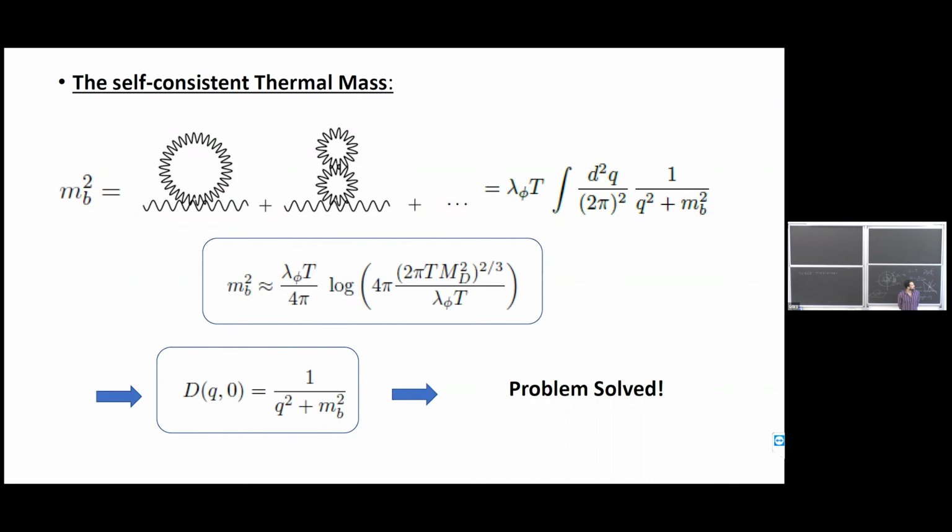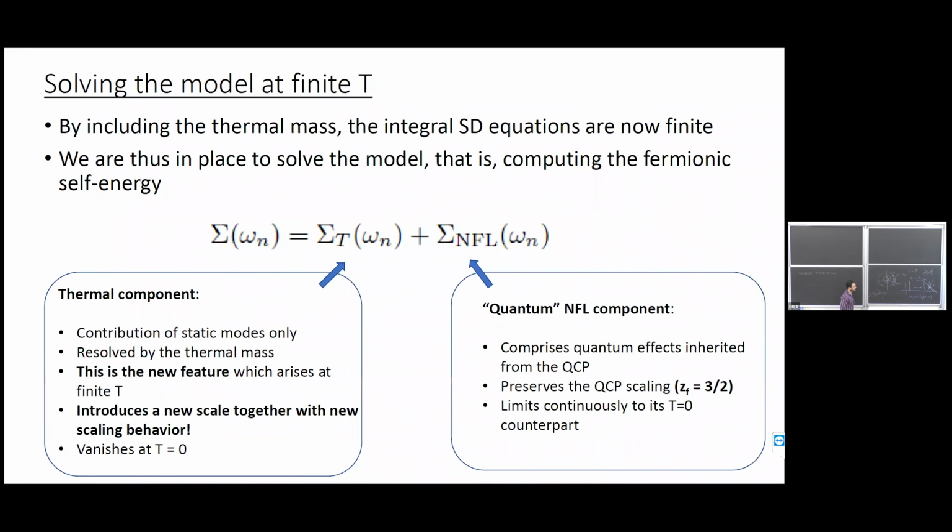And now the static boson propagator will have a mass term, and so the problem is solved, at least the problem regarding IR divergences. So now we can proceed to actually solve the model at finite temperature.